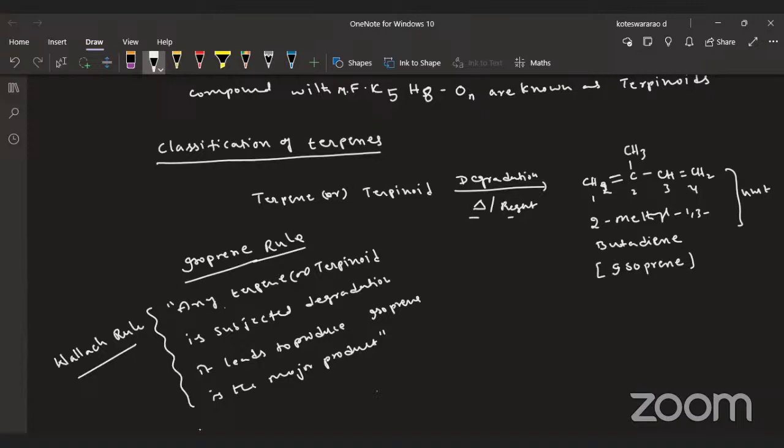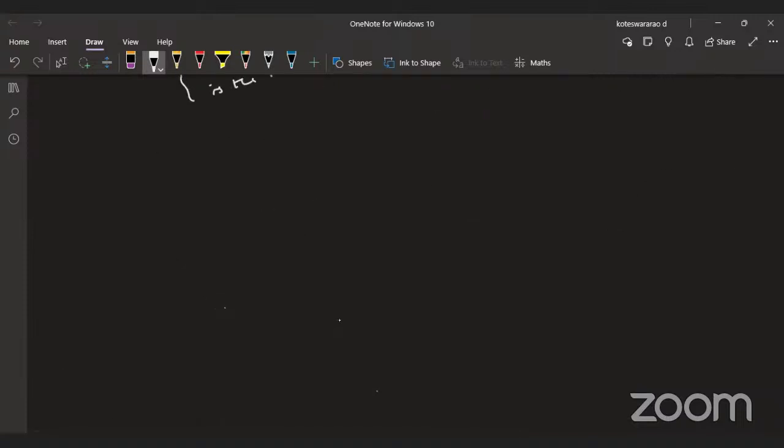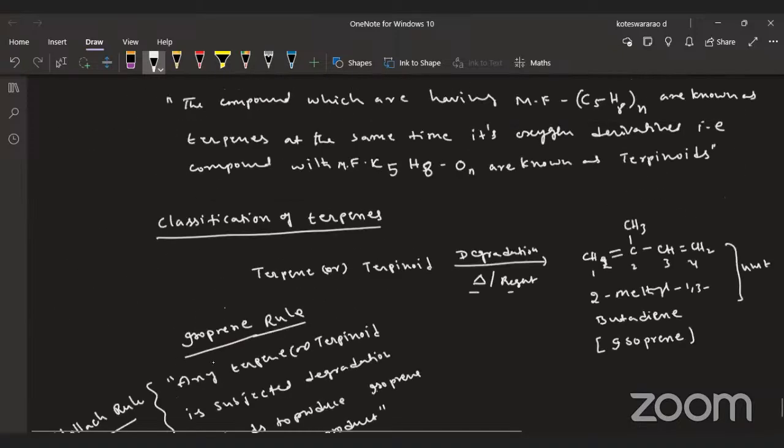Now, whenever we classify these terpenoids and terpenes, we consider isoprene as the basic unit. What is the chemical formula of isoprene? From this formula, how many carbons? 5 carbons.